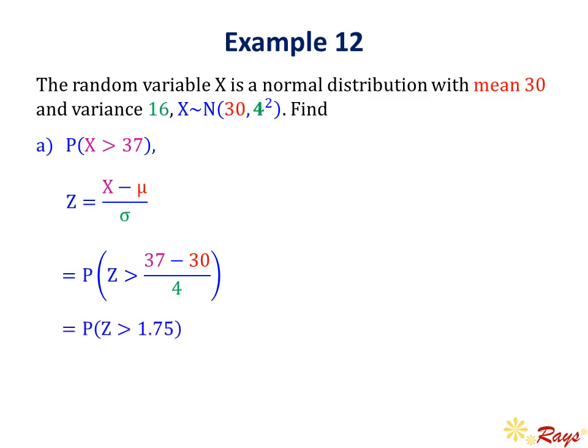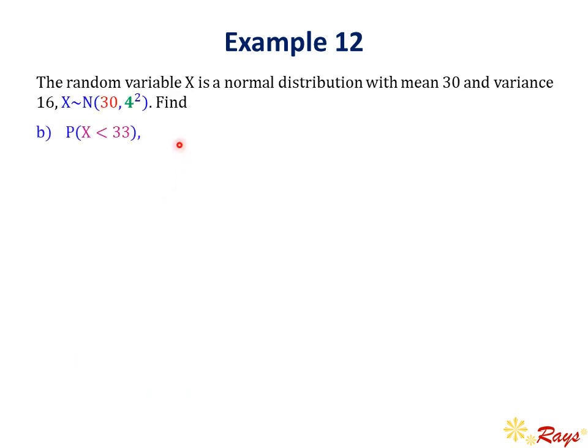So therefore, now the normal distribution is converted into the standard normal distribution. And the question now is, find the probability of Z greater than 1.75. For this question, we can now refer to the standard normal table for the probability. So after checking the standard normal table, this is the probability that we get.